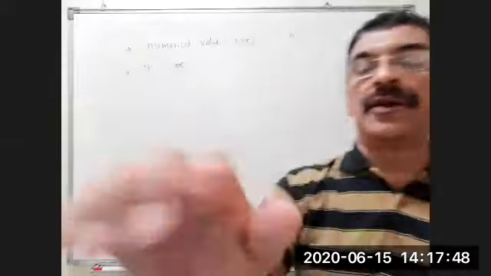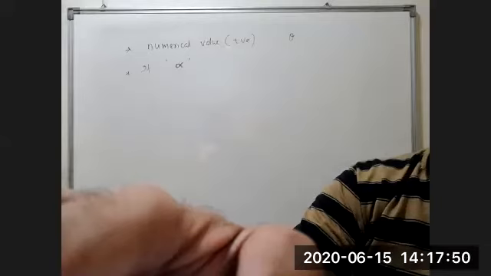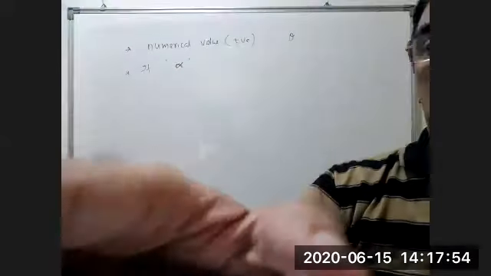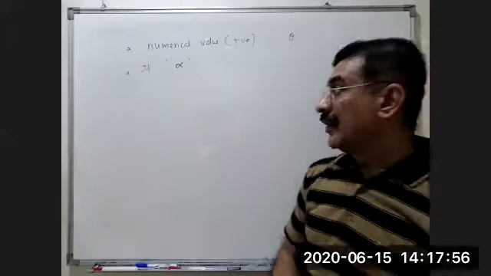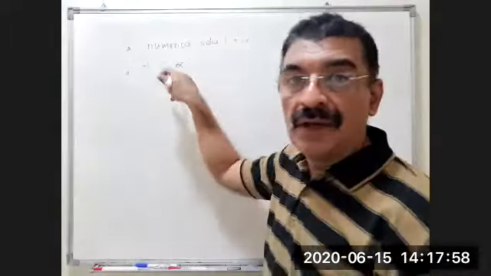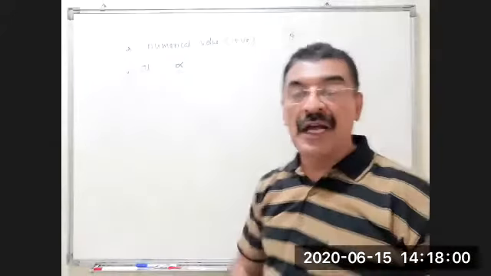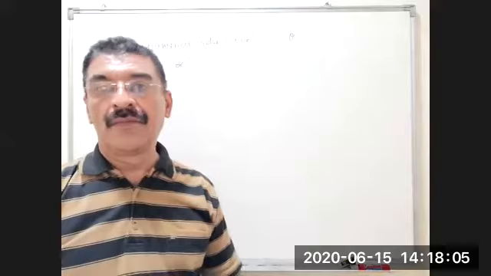The next point: if the principal value alpha lies in different quadrants, use the following table.